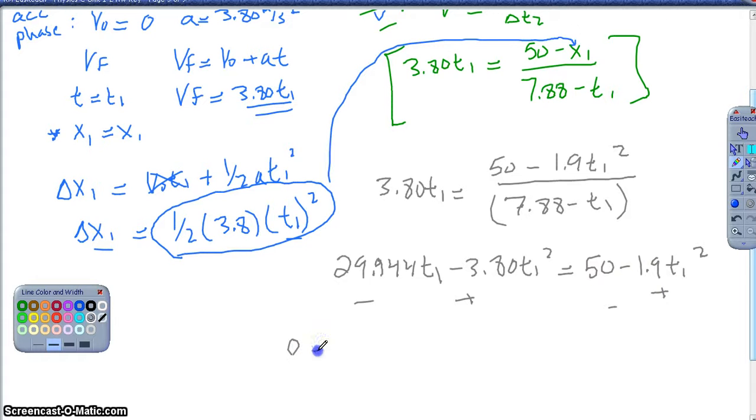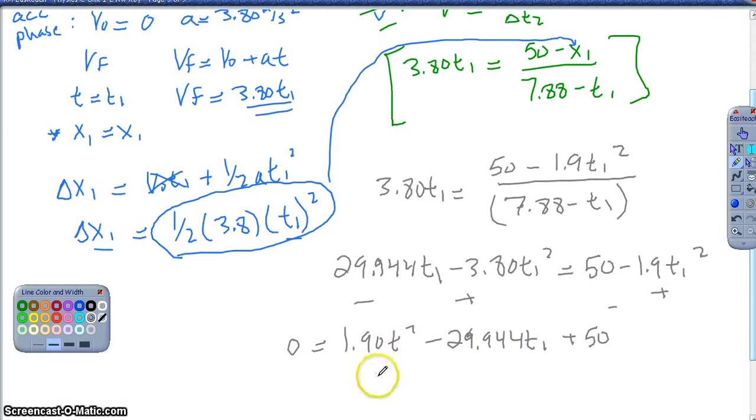So I'll get 0 on the left hand side, and I'll go ahead and write this in standard form too. Adding the 3.8 over, I get a positive 1.9 t1 squared minus 29.944 t1, and then plus 50 because the 50 didn't go anywhere, so it was staying positive.